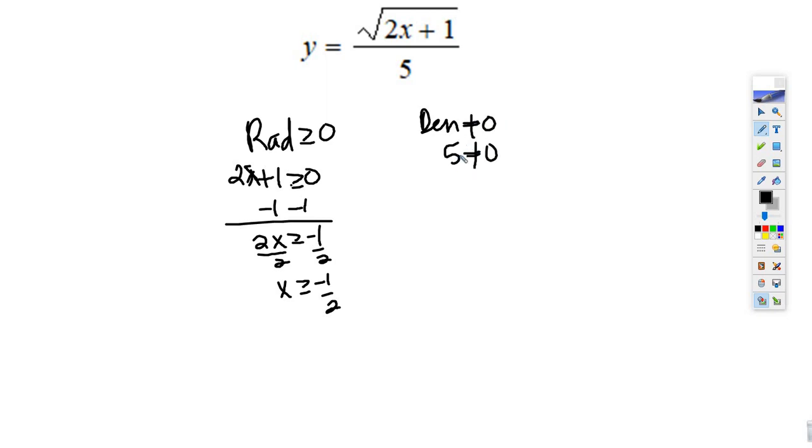Well, we already know that. 5 is never equal to 0. 5 is equal to 5. So my only restriction that pertains to my x values is that radical. It says that at negative 1/2, it's going to be 0, and then everything greater than negative 1/2 is going to give me some positive argument that I can absolutely take the square root of. So my domain is going to be negative 1/2 included to positive infinity.